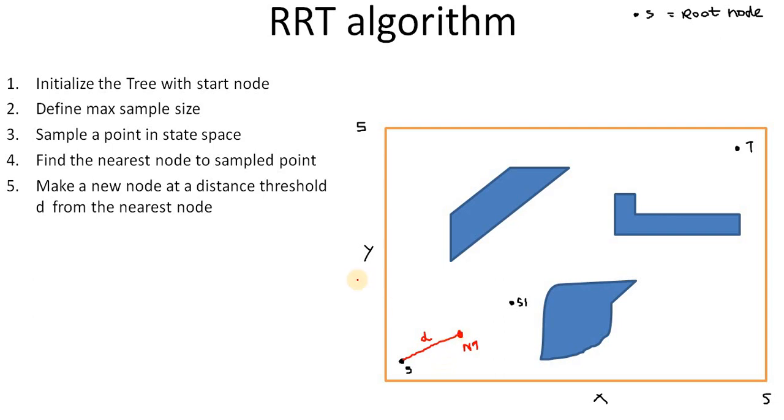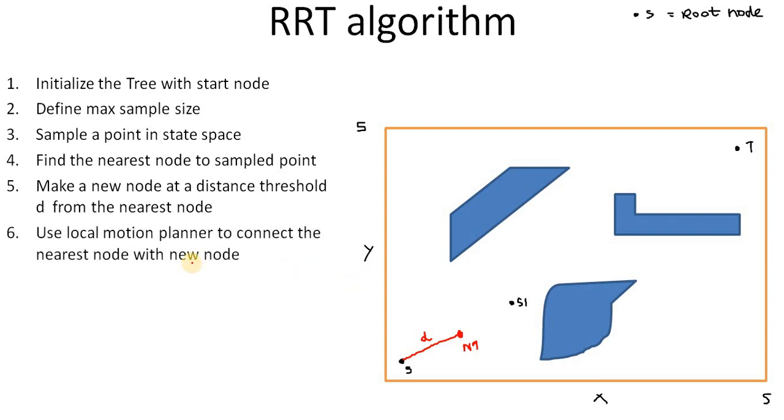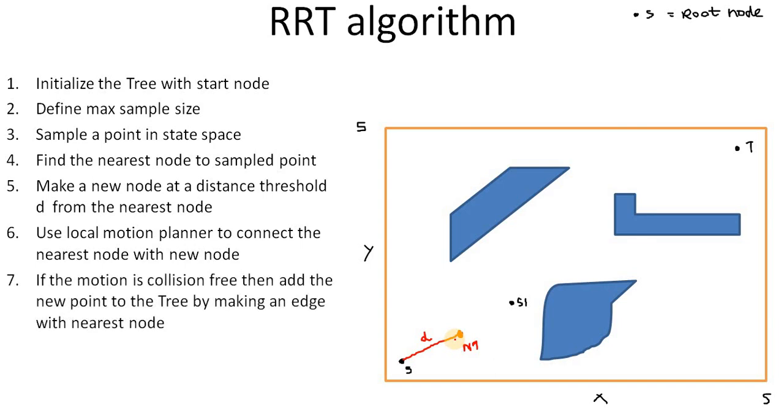So that's how we make a new node here, and then we use local motion planner to connect the nearest node with the new node, and we have already done it. We use a straight line to connect these two, the nearest node and the new node. We use a straight red color line, or you can say the edge. And after that, if the motion is collision free, then add the new point to the tree by making an edge with the nearest node.